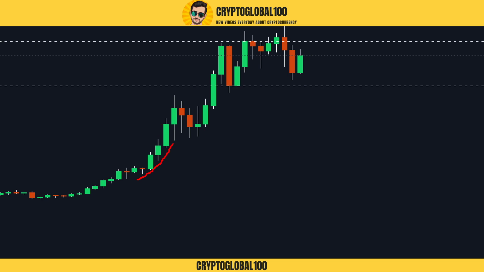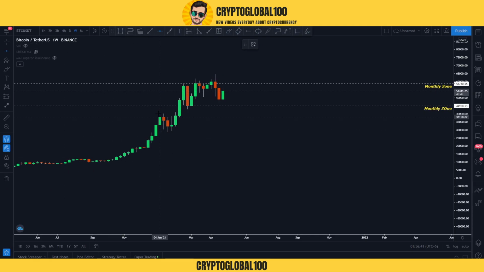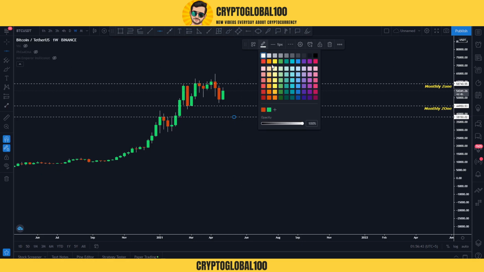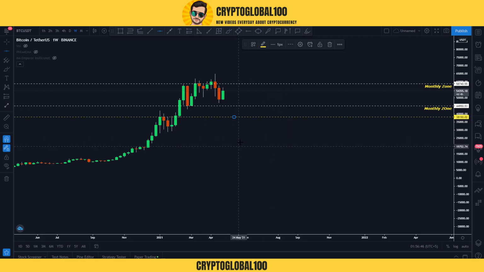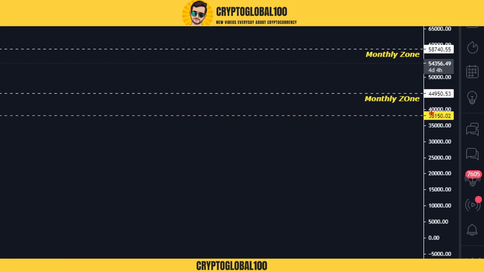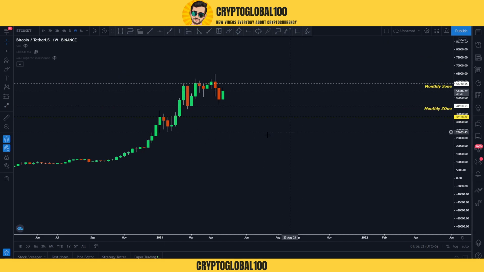The price went up, BTC made a new swing high, but was rejected and closed at this area. So this area could be a good support zone as well. I'm going to draw this as a zone and color it yellow. This is a good zone, at 38,000. Here you can see 38,000.